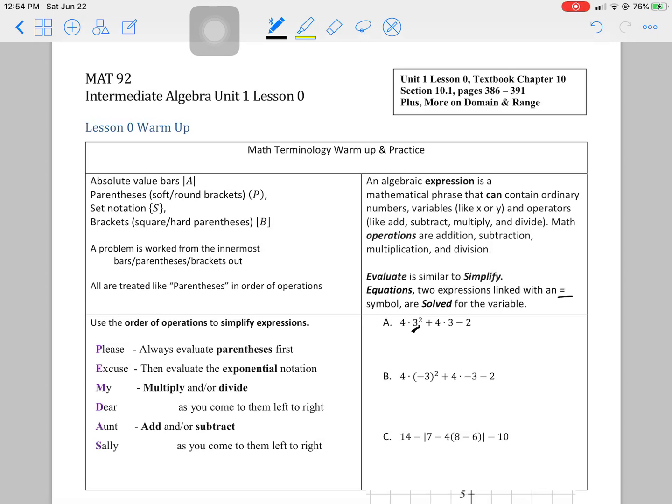I don't see any parentheses, so I need to do that first. And then go find any multiplication or division to do next. So this is 36 plus 12 minus 2. Now I'm ready to add and subtract.